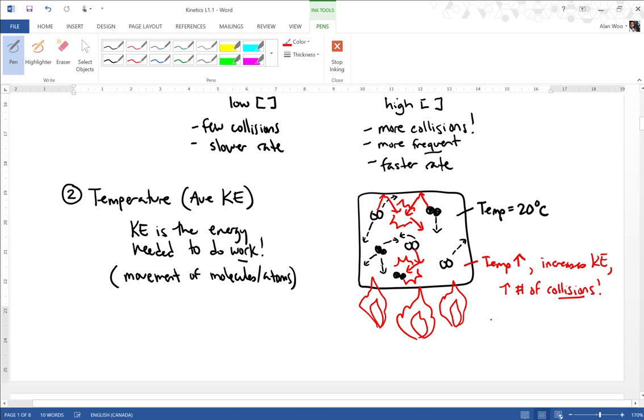So in the end, an increase in temperature will increase the rate of reaction. And if we take away heat and decrease temperature, that will also affect rate by decreasing the rate. Things will work a lot slower.